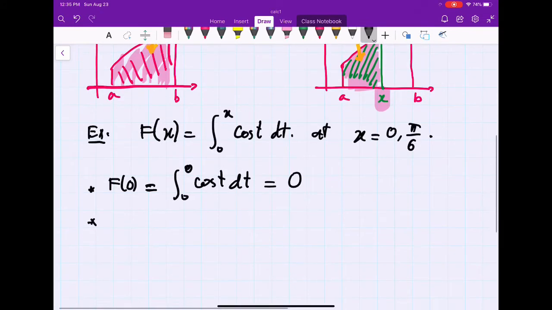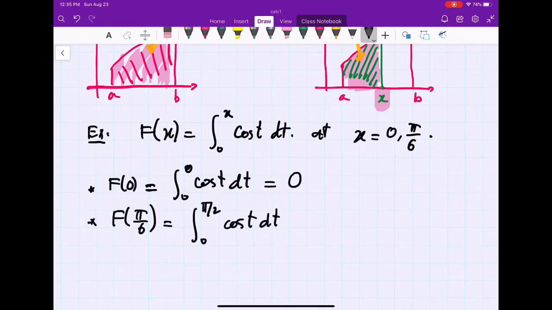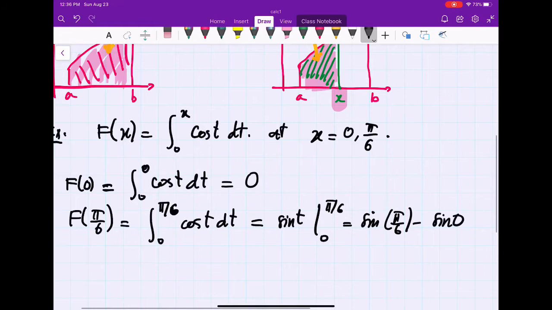Second one, f of pi over 6. Basically you need to plug pi over 6 into the integral. You get the integral from 0 to pi over 6 of cosine t dt, and the antiderivative of cosine is sine t, right? So you evaluate from 0 to pi over 6. That is sine pi over 6 minus sine 0.